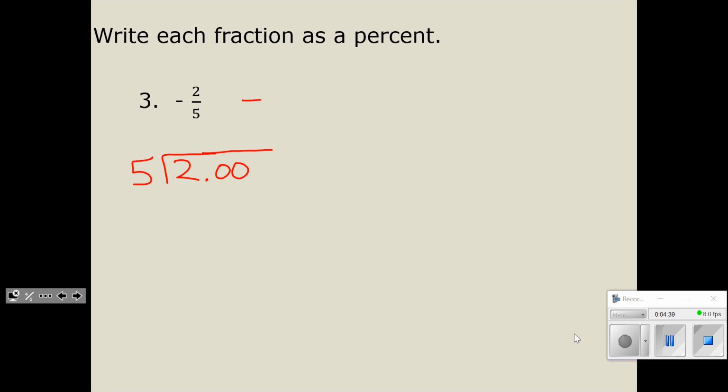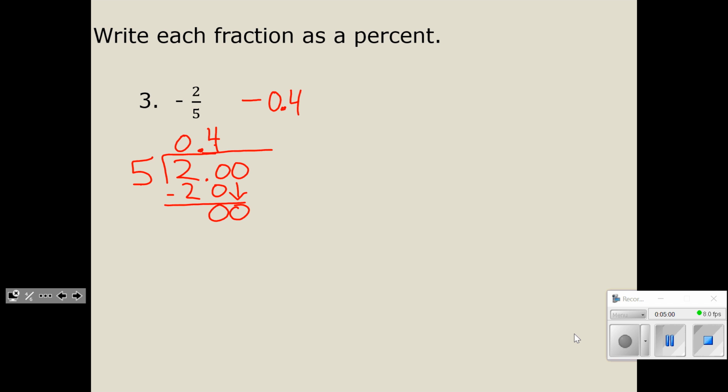So 5 goes into 2 0 times. 5 goes into 20 4 times. 5 times 4 is 20. Bring down the 0, and it's going to be 0. So -0.4 is our decimal.